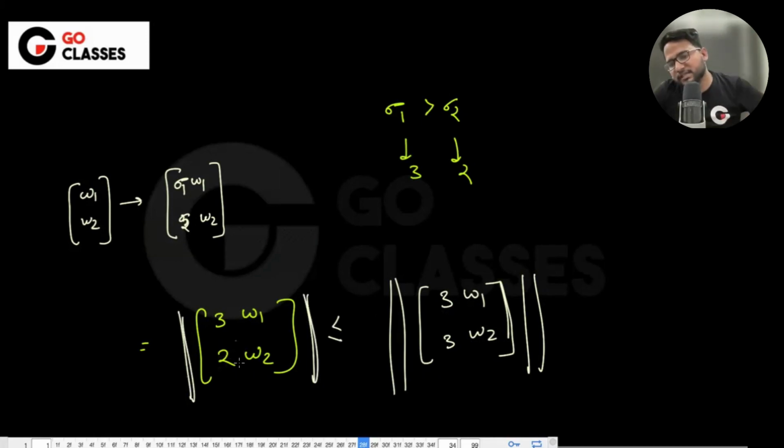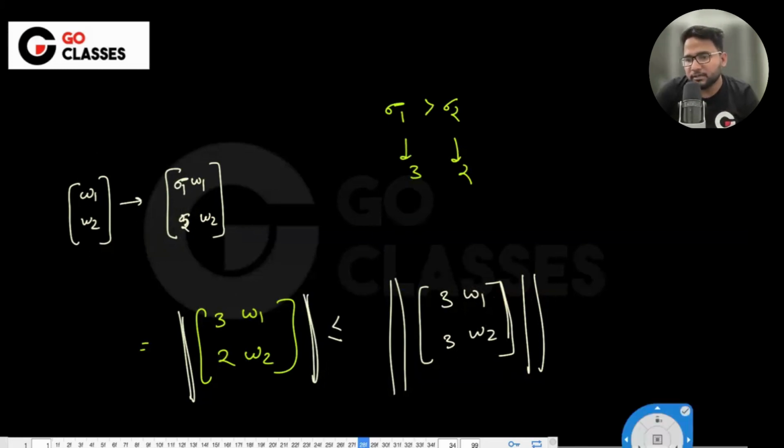I mean, see, this is some length. I don't know whatever the length is, let's not worry about it. w could be, to start with, not a unit vector; for example, it could be some vector. If you multiply with this, then you are getting sigma 1, sigma 2. If this is 3, 2, then instead of 2, if I write 3, then obviously the length will be bigger for this particular vector, right?